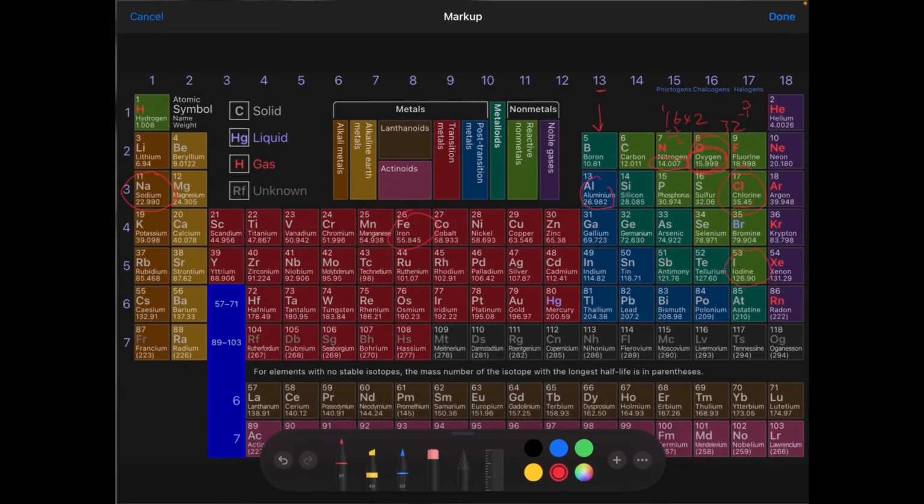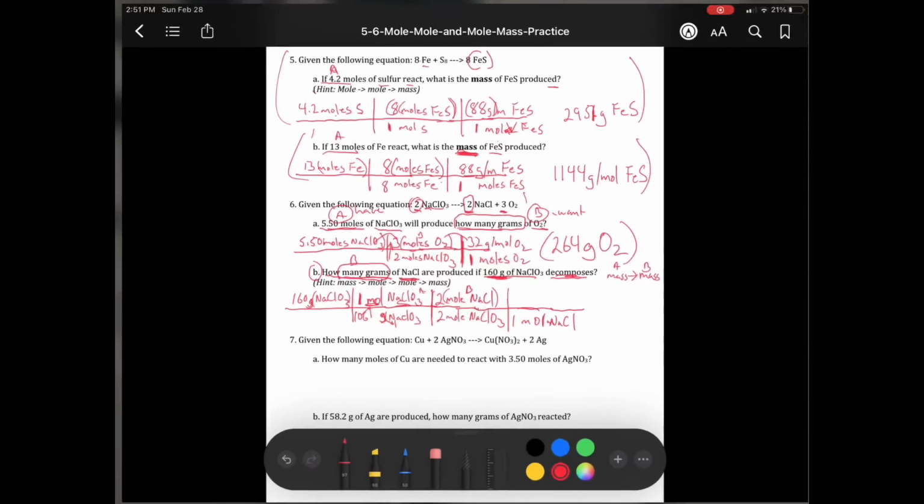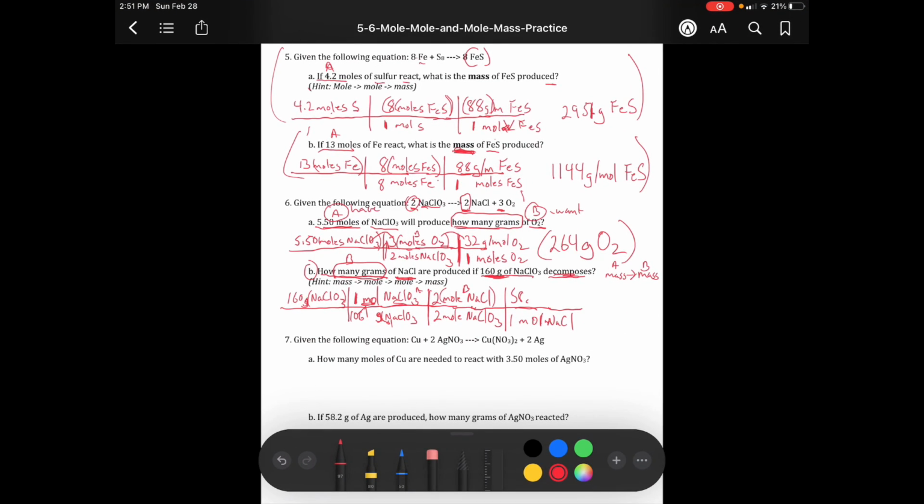Well, let's go back just to see it. Just 1 Na is going to be 23 plus just 1 chlorine, 35. That's going to be 58. So we're going to say 58 grams per mole NaCl.